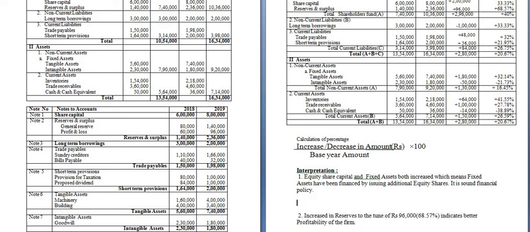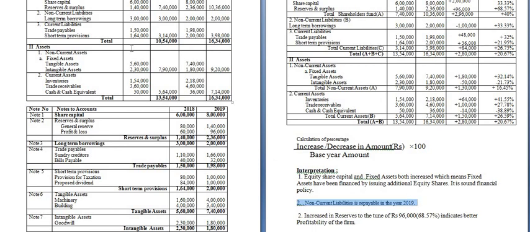So here you can write interpretation number 2, non-current liabilities of the firm is repayable in the year 2019.